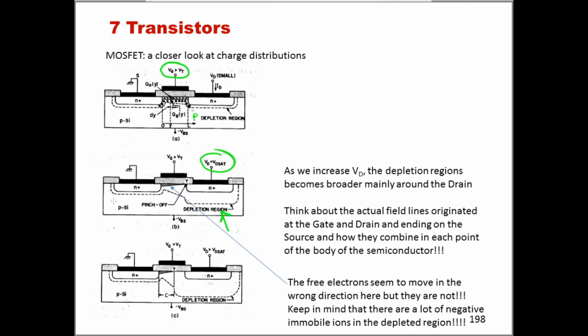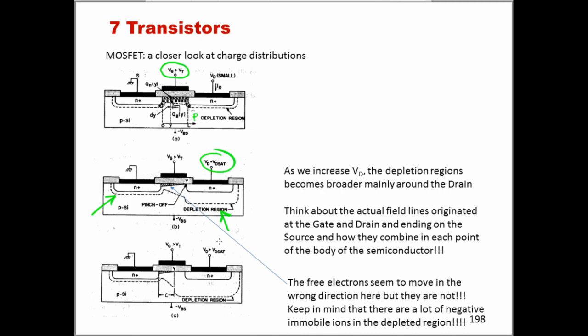On the source side, on the other hand, the source will be slightly forward biased, and so the depletion region will be extremely small there. So as we can see, the depletion region that spans now effectively across the entire device is not uniform.